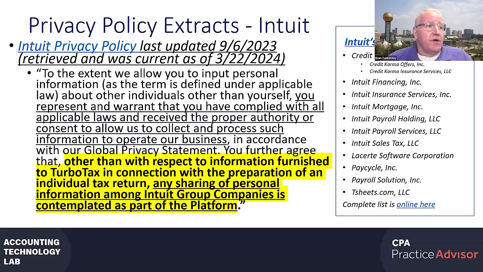You further agree that other than with respect to information furnished to TurboTax in connection with the prep of an individual tax return, any sharing of personal information among Intuit group policies is contemplated as a part of the platform. That is, they're going to share it with all these folks. Okay, so that includes Credit Karma, Intuit Insurance Services, Intuit Mortgage, all these other ones.